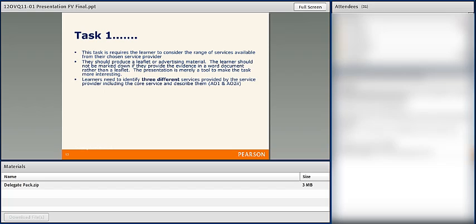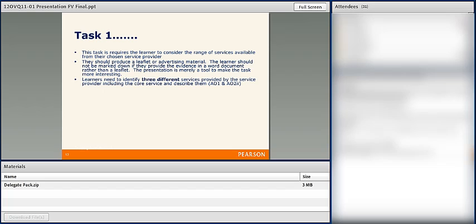The fact that they have actually done that and they have planned to do that will provide a little bit of evidence for AO2, but mainly in terms of describing them will provide evidence for application of that knowledge. So you're going to get evidence here just in this little task for AO1 and AO2.